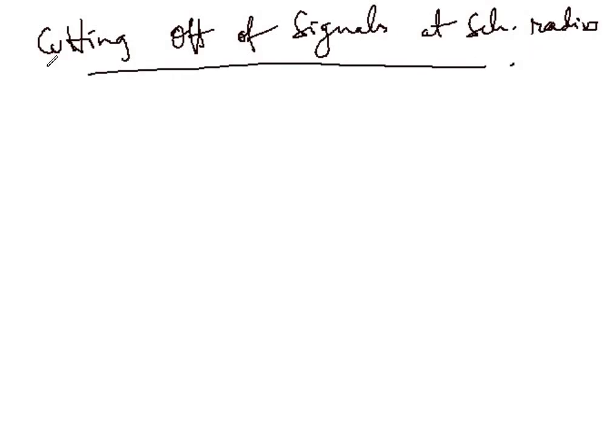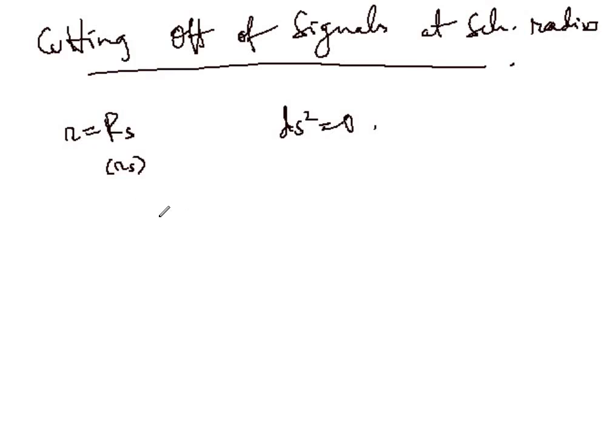Now, to understand how the signals are cut off at this Schwarzschild radius, that means r equal to rs, or sometimes we can also use small rs as well, let us consider a light signal propagating in the radial direction. Now, the velocity of this light signal with respect to the t and r coordinates can be calculated from the metric by putting just ds squared equal to 0, and so we will get this relation.